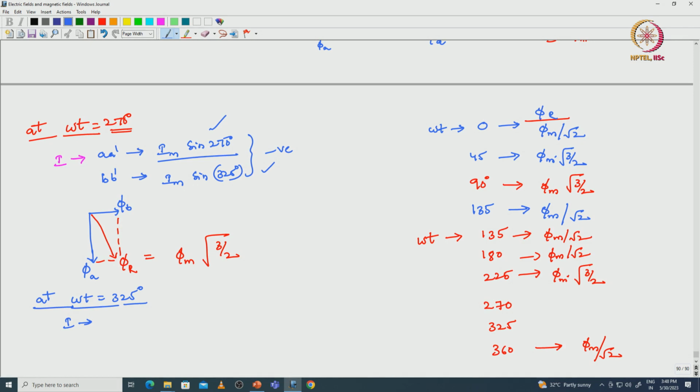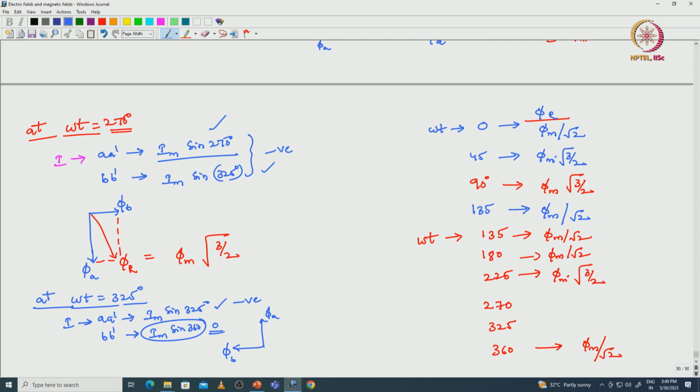The current at 325 degrees for the A dash coil, IM sin 325, is negative, and for the B dash coil, IM sin 360, the current equals 0, so there is no current in the B dash coil. With respect to our vector reference analysis, this is phi A and this is phi B.